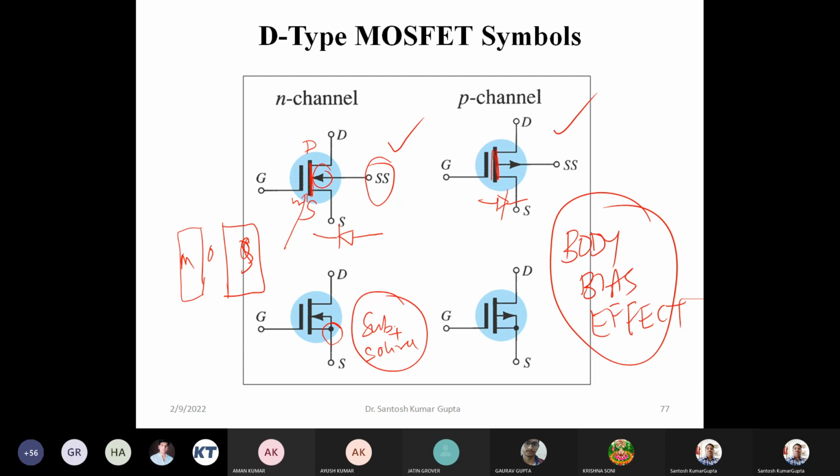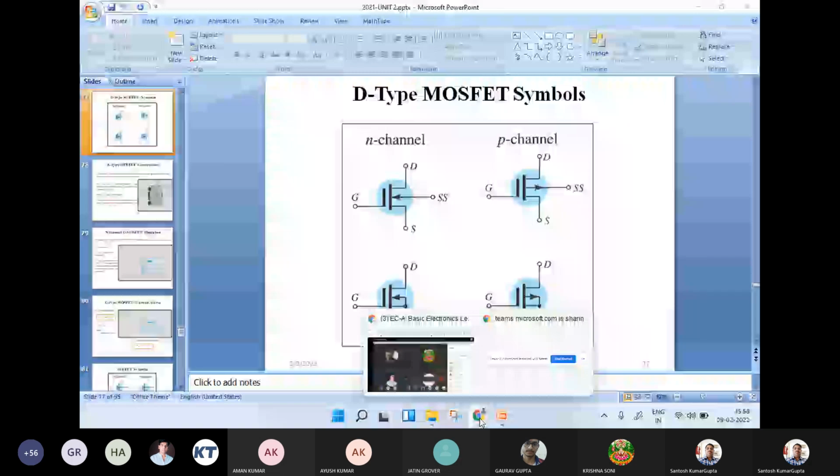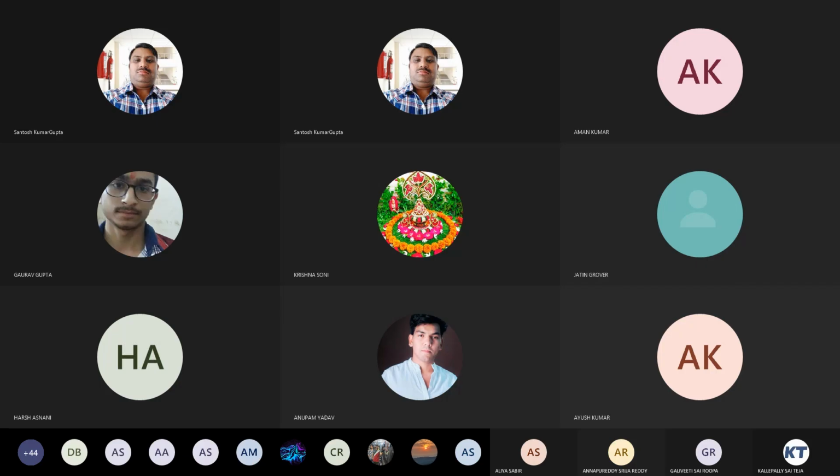So qualitatively we tried to understand the working of the MOSFET, the depletion type of MOSFET. You can go through this, and if some discrepancy or difference in concept comes up, we can discuss it in the next lecture. But you have to put it in front of me before the start of the lecture so that we can have a discussion.